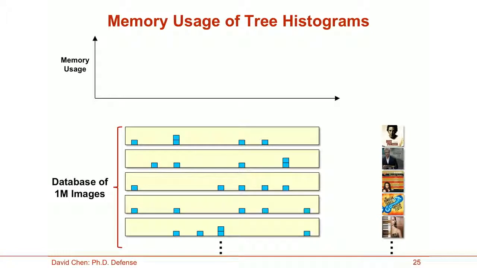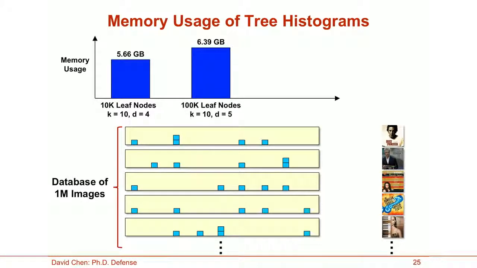In order to perform this voting, we need to store all of the database tree histograms in memory, say for a database of 1 million images. We measure how much memory this takes. For a tree with 10,000 leaf nodes, the tree histograms consume around 5.66 gigabytes.